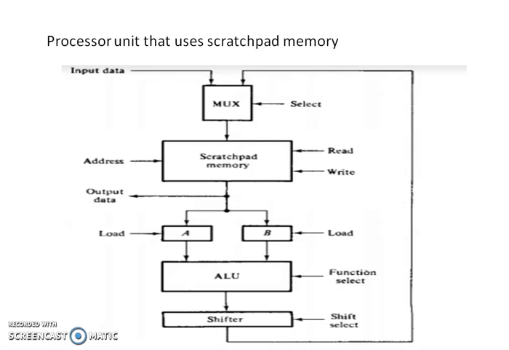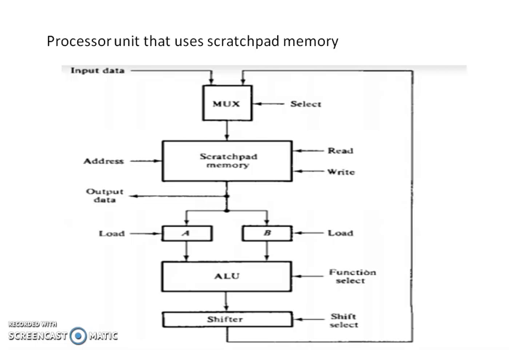Similar is the case with register B. Based on the load signal that is initiated, it is allowed to fetch the data from the bus. The ALU performs the operation, the result is stored on the shifter and moved to the bus, and the multiplexer again fetches the data and places it on the scratchpad memory based on the write signal, and the location is determined based on the address that is given.